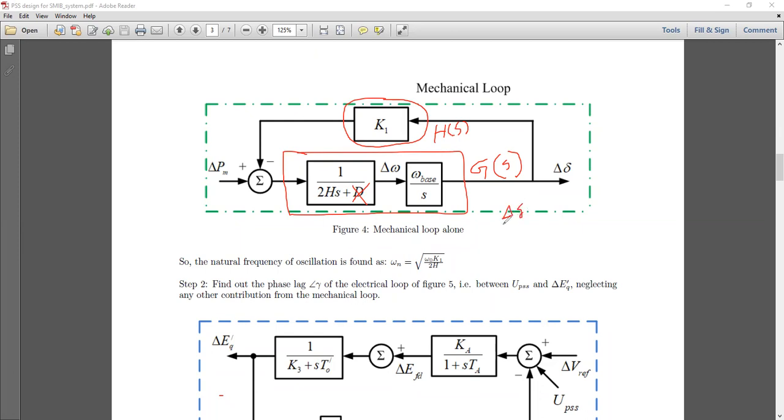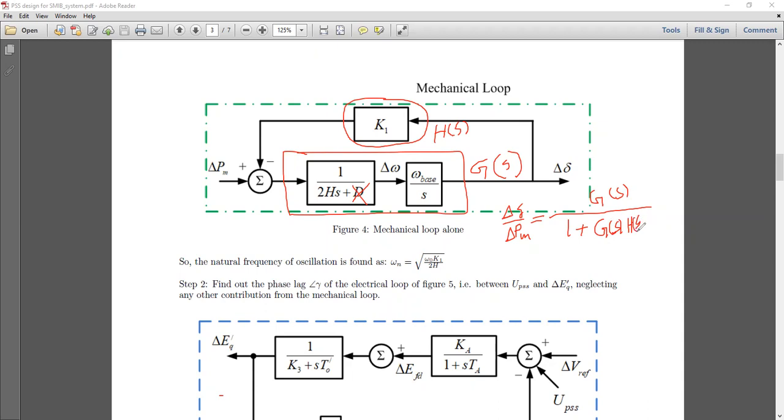Anyone? Output is del delta, of course. Input is del PM. So what would be the closed loop transfer function? GS divided by 1 plus GS into HS. Excellent. So this would be the closed loop transfer function.